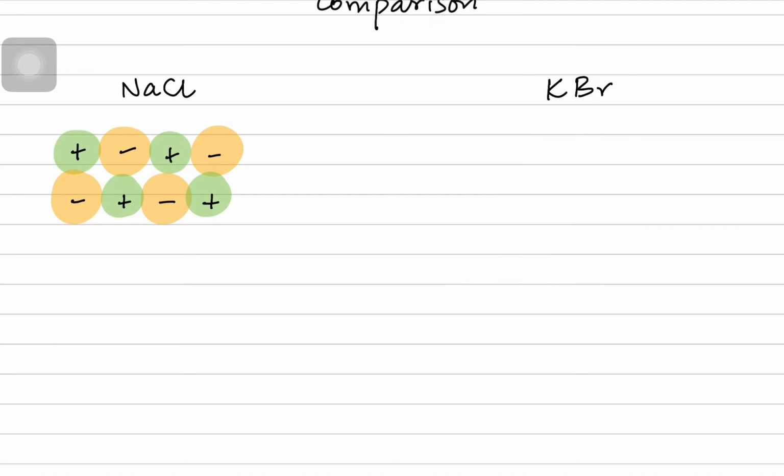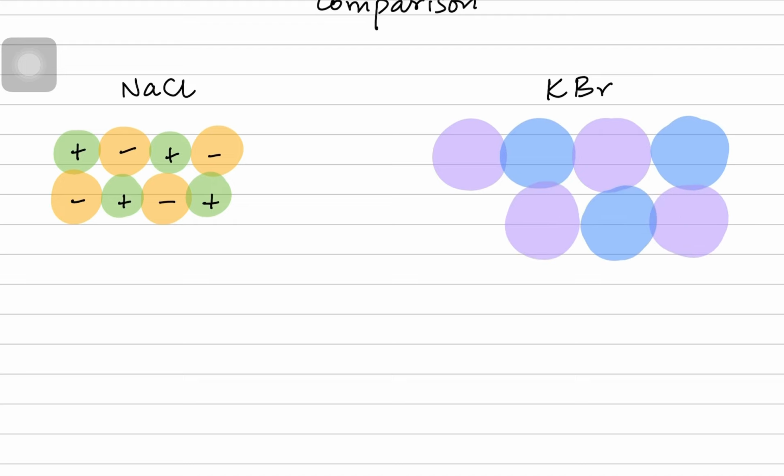Okay. So potassium is a big cation. Bromide is also a big anion. They look like this. You can clearly see that my ions are really big compared to the sodium chloride ones.